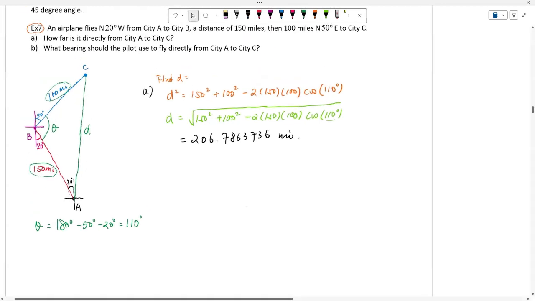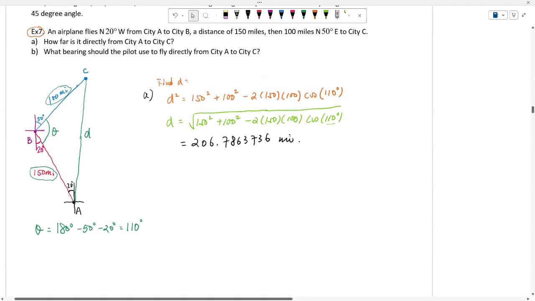And now let us look at part B. I would like to know what bearing the pilots should use to fly directly from city A to city C. So let's check it out.